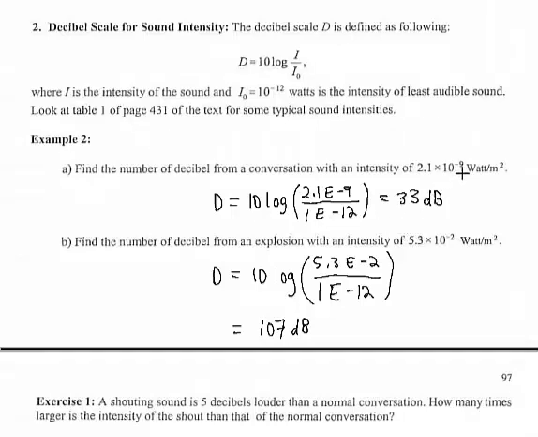So even though the intensity of an explosion in this case was almost 10 million times larger than the conversation, the decibels of the conversation are only a third of the decibels for the explosion. So the decibels simply just take the intensity and they put it on a different scale, a log scale.